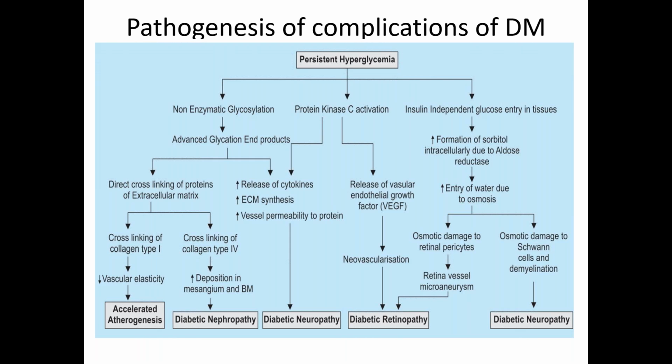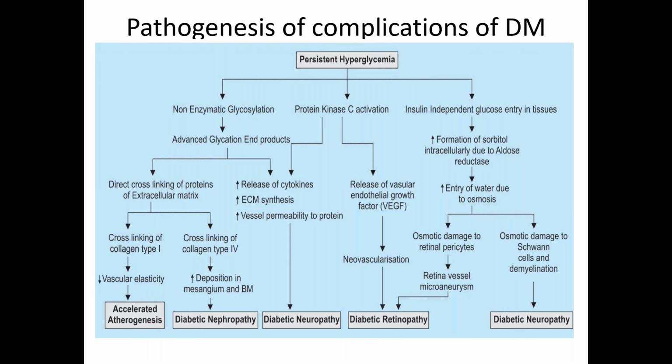So the same type of advanced glycation end products also form in various tissues, including the blood vessels, by cross-linking with collagen. Decreased elasticity and atherosclerosis develop. Cross-linking with the type 4 collagen that is present in the basement membranes and the mesangium is the basis for diabetic nephropathy.